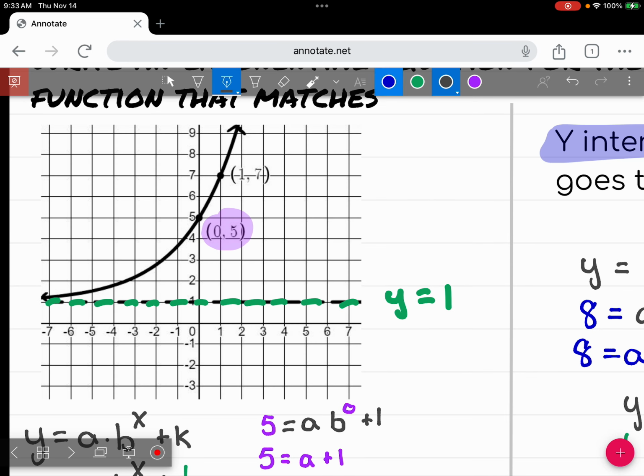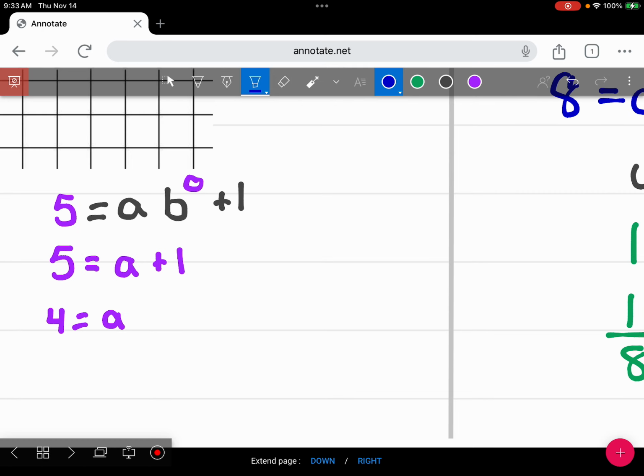So then we're going to do the same thing just with our next point, my (1, 7). So my y is 7, and our a is 4 times the base to our power here. Our power is 1 plus 1.